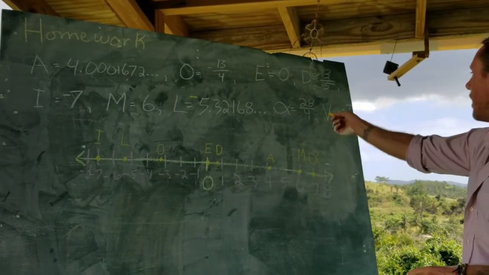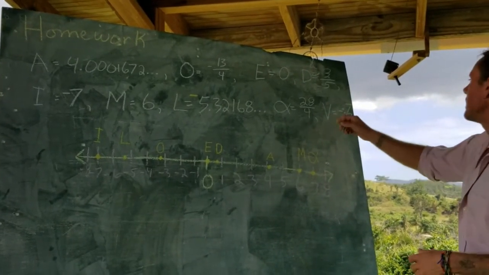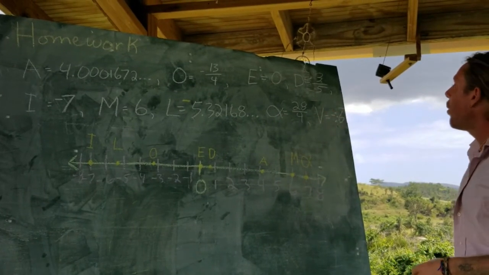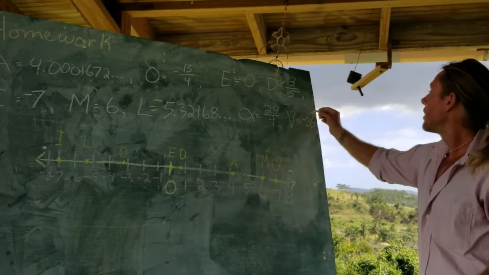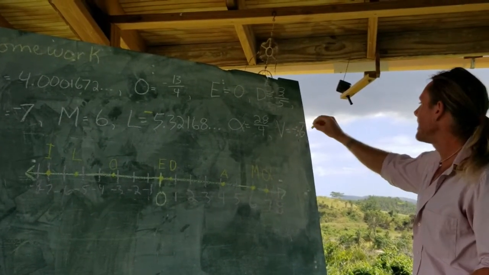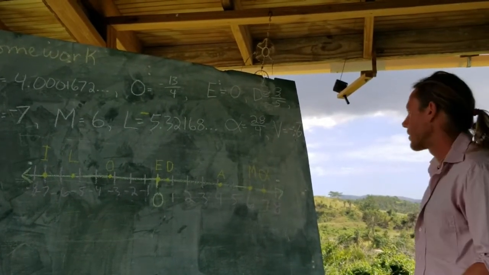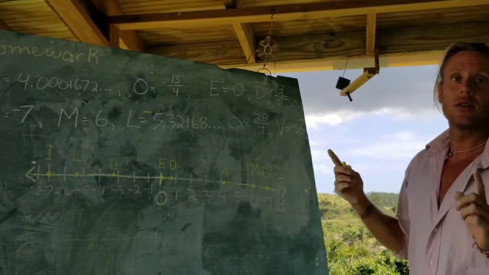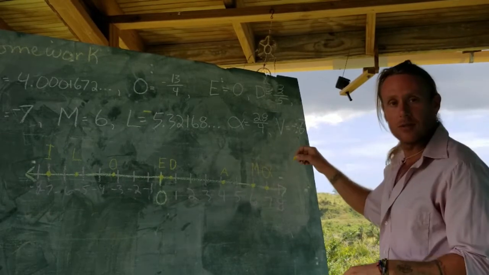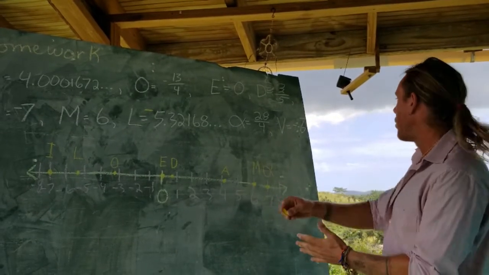Okay, we did point alpha. Next point, V. Point V is negative 0.6 repeating. Remember that repeating bar. So this is going to be 0.666 forever. So that's point V. Irrational or rational? Right, rational. Rational numbers' decimal expansions either terminate or repeat forever.